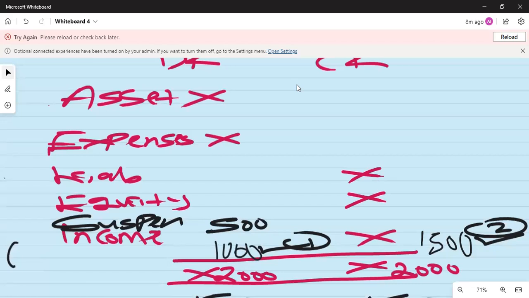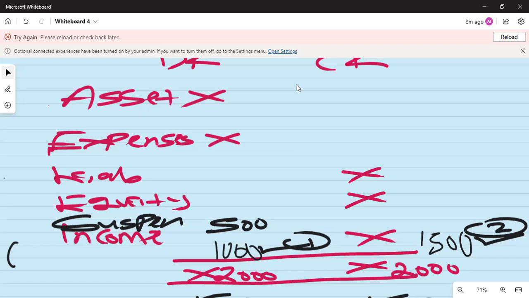Look at the first example. I'm writing 2,000 here. 2,000 in the debit, 2,000 in the credit. That's fine. Let's say we have 1,500 in the credit and 1,000 in the debit. So the credit side of the trial balance is more than the debit.